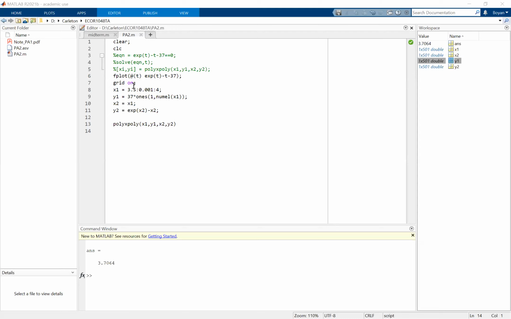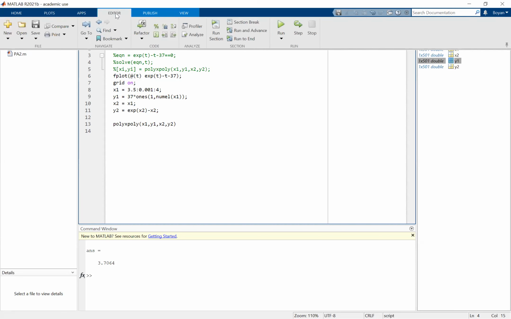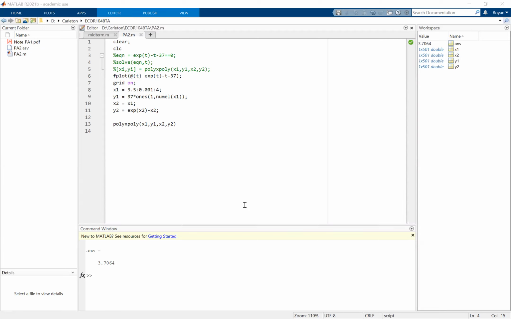Basically, I just plot the function first. On here, you can see the curve is the function, and we need to find the intersection point when the y value is equal to 0.